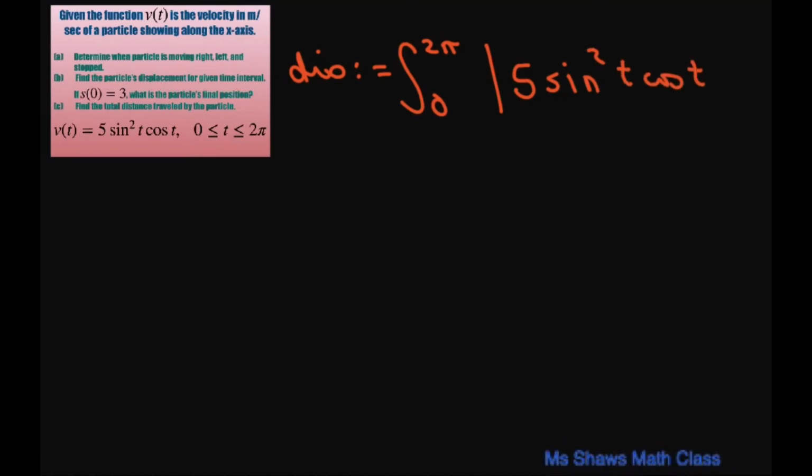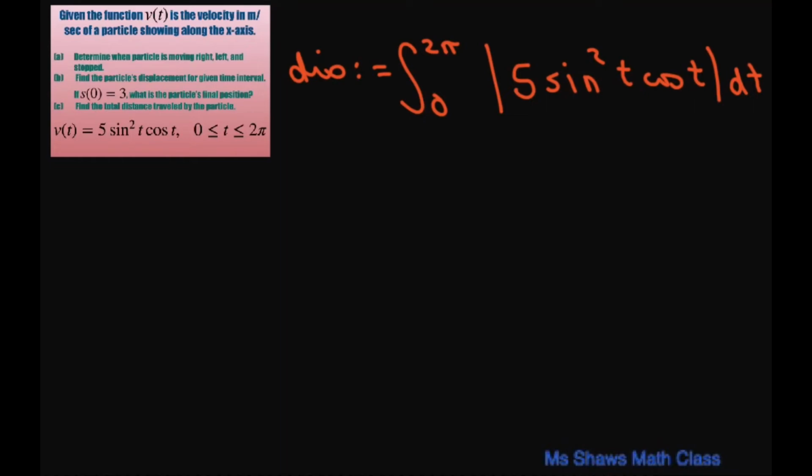For distance traveled, we just take the integral from 0 to 2 pi of the absolute value of 5 sine squared of t cosine of t dt.